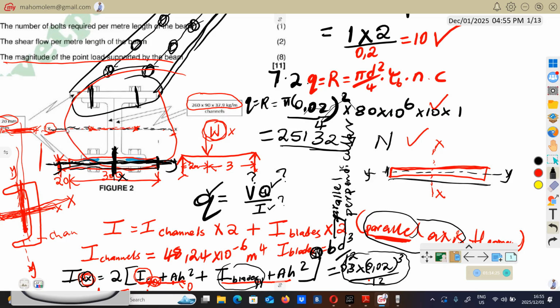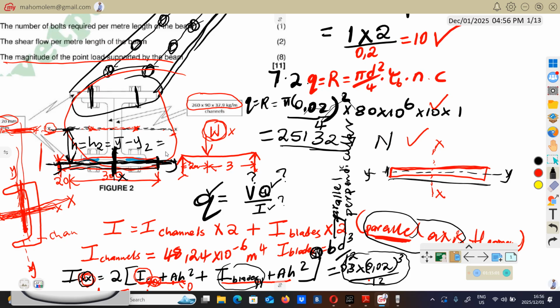So you check the x-axis of the composite, which is this one, and you check the parallel axis, which is this YY. The distance between this axis and this one is going to be H. We can maybe say it's H2. So this H will be equal to Y bar minus Y1.